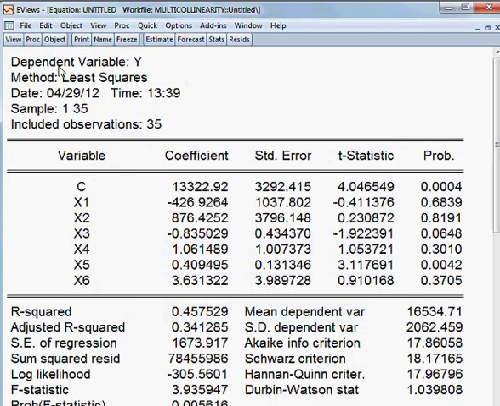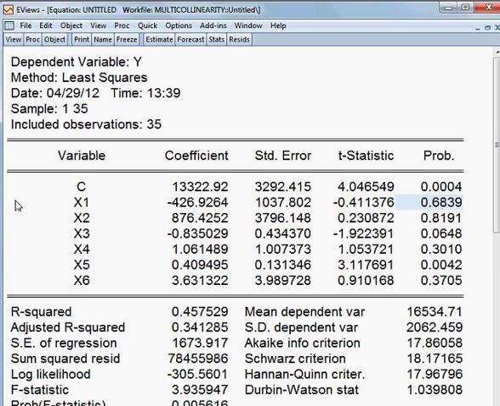Okay, so this is my result. The dependent variable is y. x1, x2, x3, x4, x5, x6 are independent variables. But here, what is happening? x1 is not significant because the p-value is 68.39%, which is more than 5%.